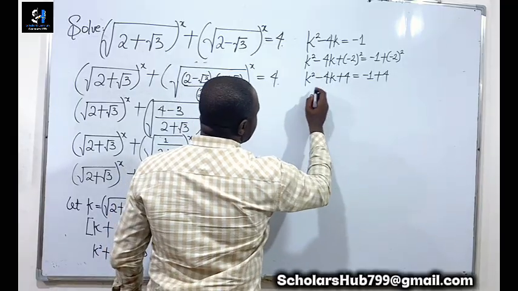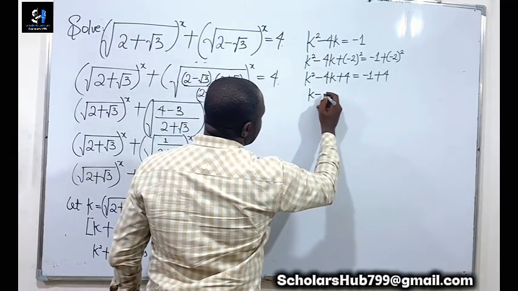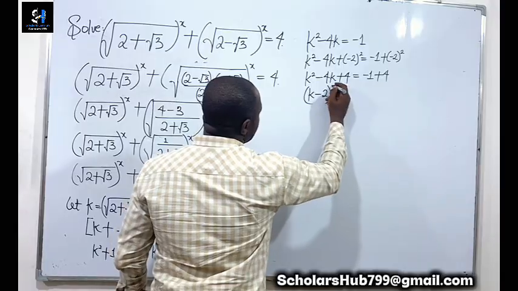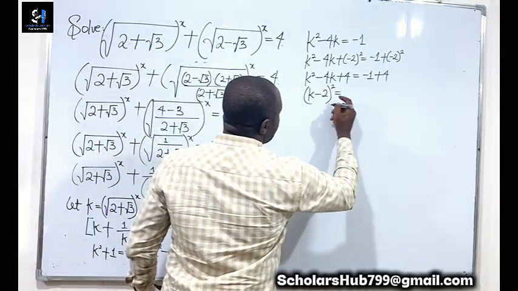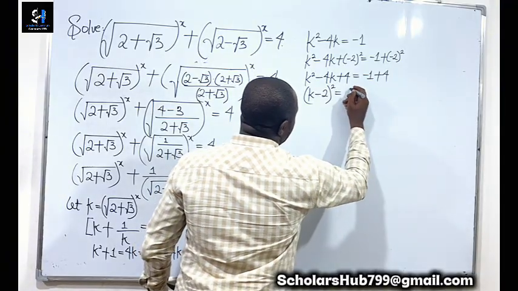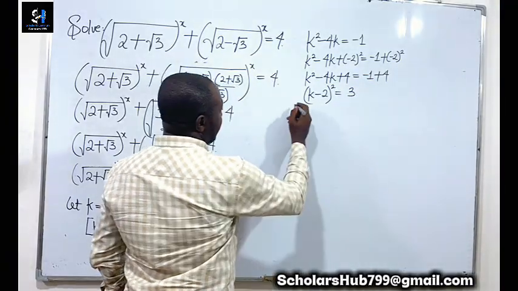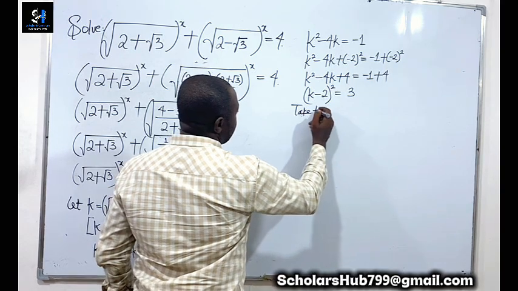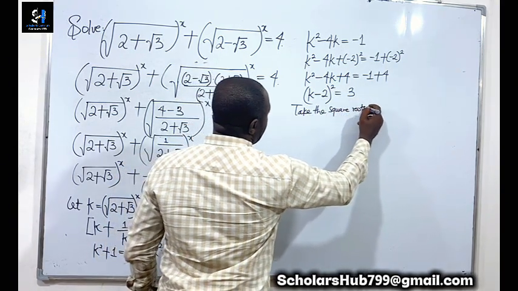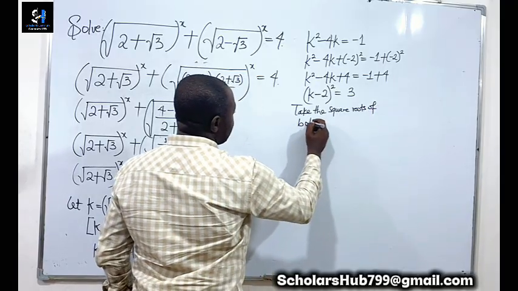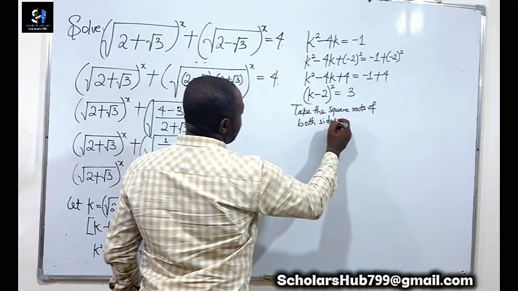So this is a complete square because it can be written as (k minus 2) squared, and this equals -1 plus 4, that's 3. Now I can take the square root of both sides.